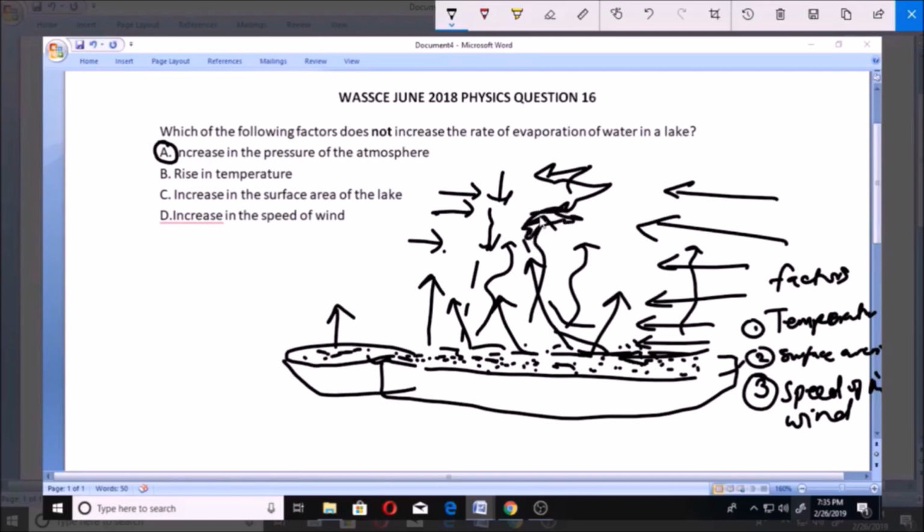So that is why the right option is A. Take note of what is asked here, not increase. The only factor that will not increase the rate of evaporation is increase in the pressure of the atmosphere. Every other thing here will increase the rate of evaporation, as I've already stated. So the only one that will not is increase in pressure of the atmosphere. Thank you.